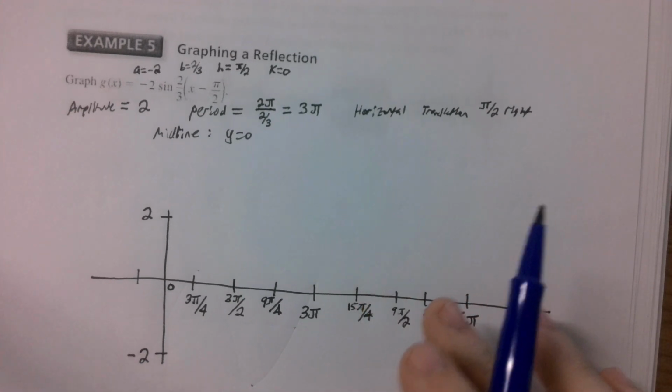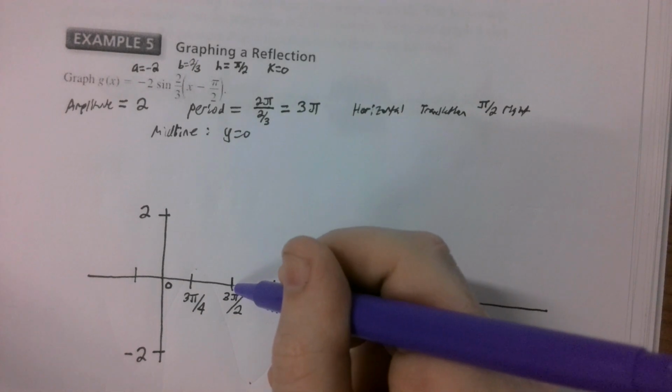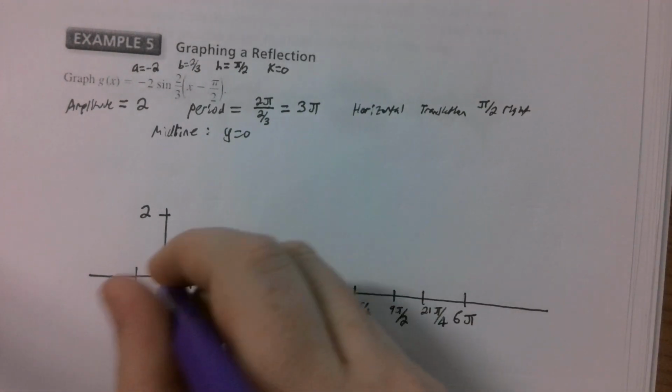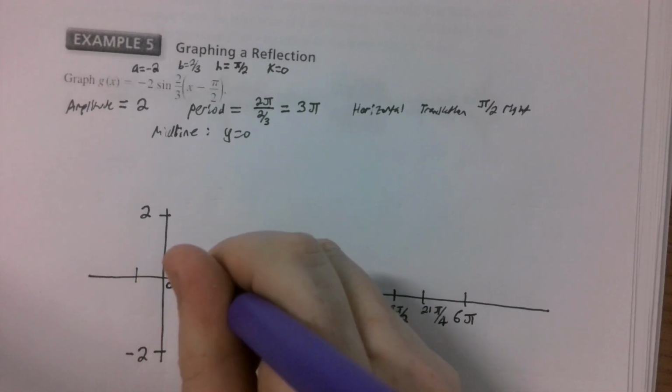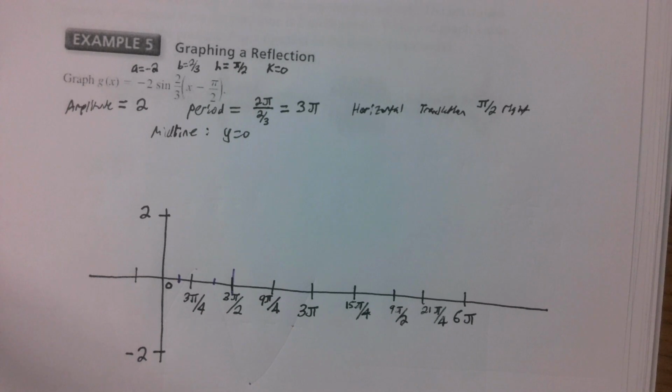Uh-oh. We have a big, big problem. I don't see pi over 2 on my graph. Well, I do see 3 pi over 2, but how could that help us? Well, it means that every 3 mini tick marks will get to a 3 pi over 2, right?